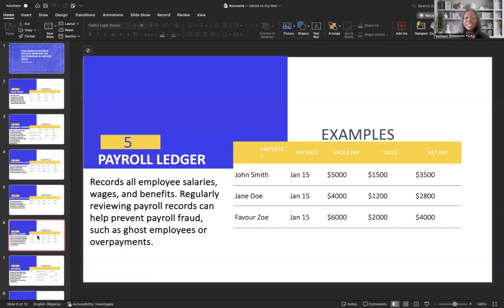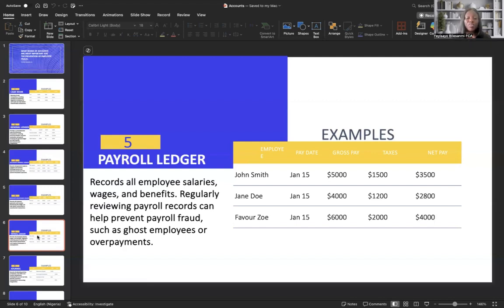Also, overpayments can happen. Let's say, for instance, somebody took a salary advance and the advance is not taken out of the salary before payment is made, right? So in cases like that, you can have overpayment for a particular staff at a point in time.